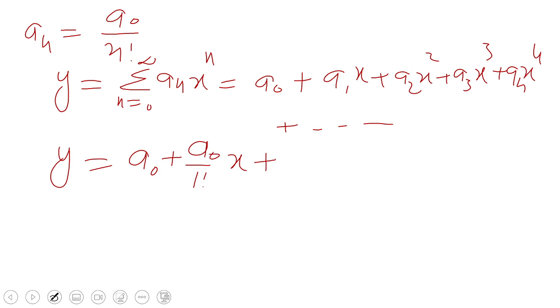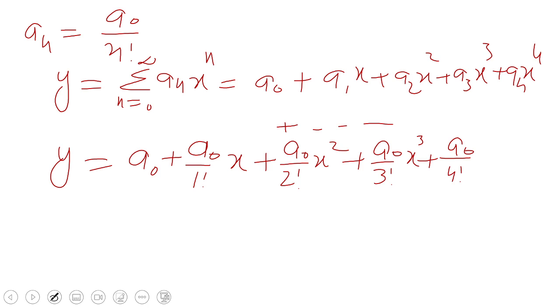What is a2? That is a naught by 2 factorial x squared. What is a3? That is a naught by 3 factorial x cubed. What is a4? That is a naught by 4 factorial x^4, and so on. What is a_n? That is a naught by n factorial x^n. And this continues because n goes to infinity.